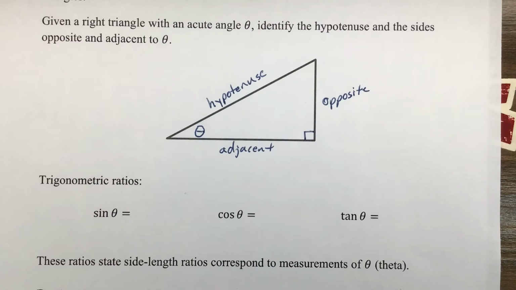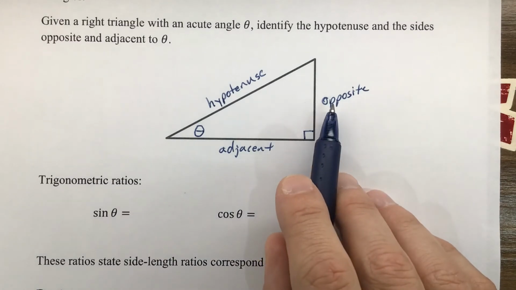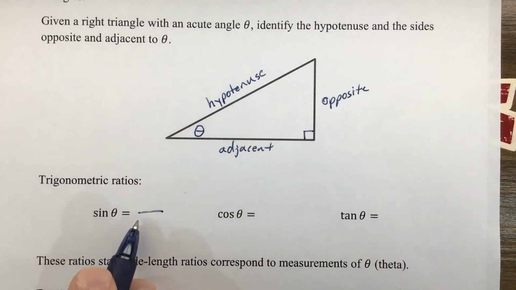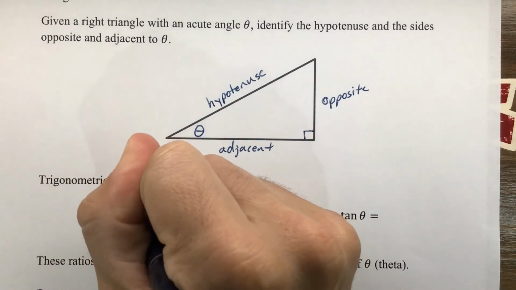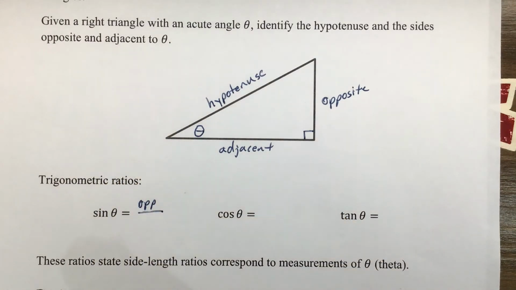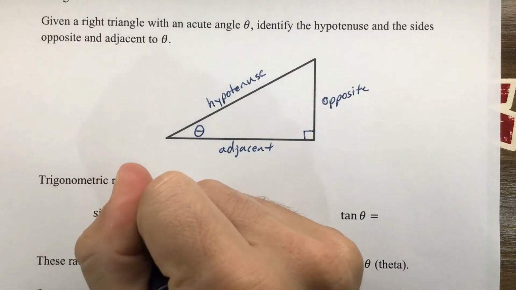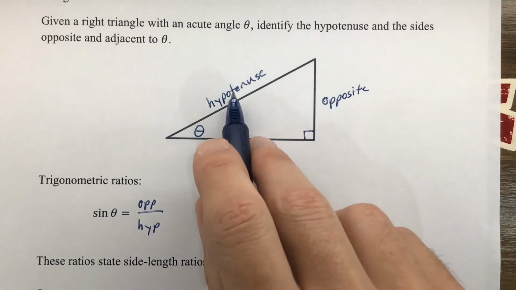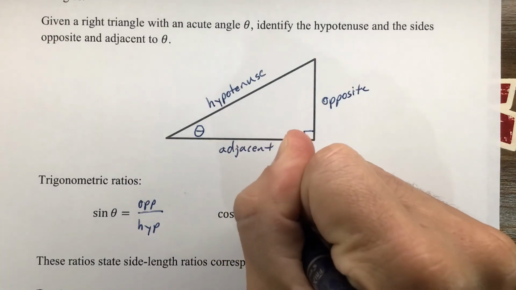Now, what the sine of theta is going to give us back is a comparison of the opposite side to the hypotenuse. So again, as a ratio, I'm going to have a fraction. The top is going to be the length of the opposite side, and the bottom is going to be the length of the hypotenuse. It's a comparison of those two things. Cosine is going to be a comparison of the adjacent side to the hypotenuse.